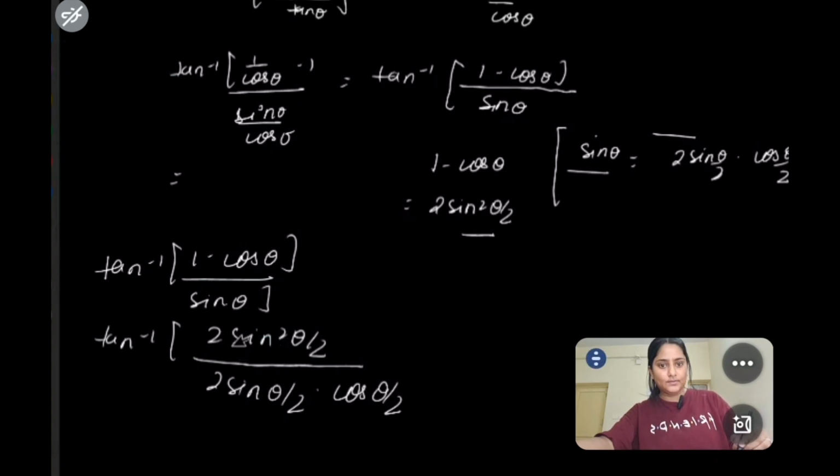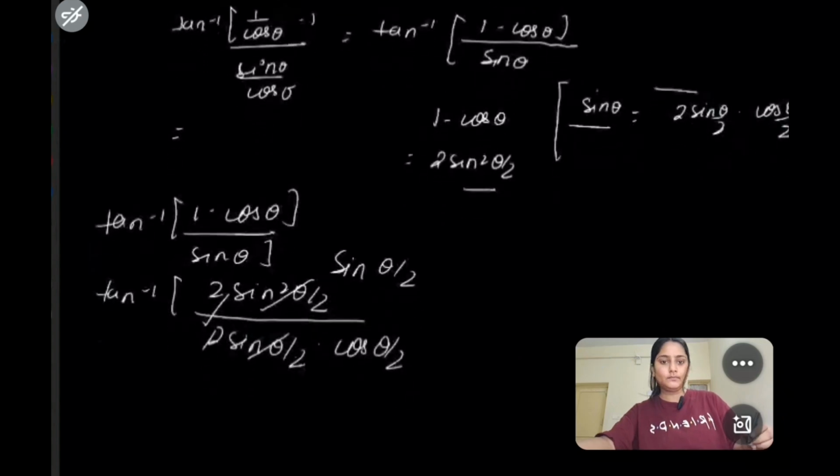Now we'll cut this: it is a square, so we cut it one time, so it will be sin theta by 2.